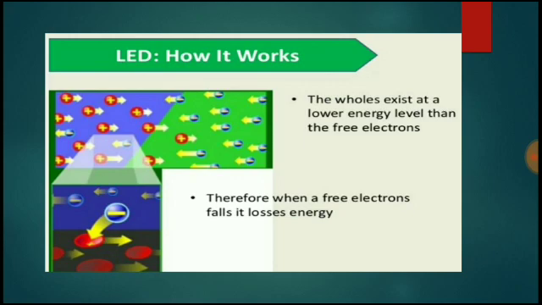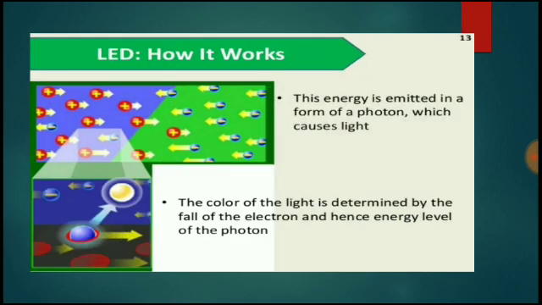When it falls and loses the energy, this energy is emitted in the form of a photon, which causes light. See this, the color of the light is determined by the fall of the electron and hence the energy level of the photon. So it emits a photon. This is the photon, right?